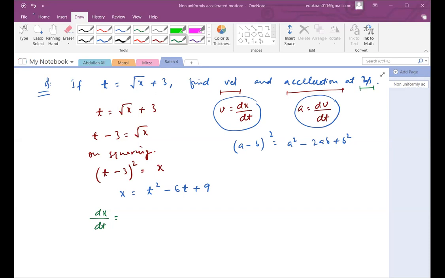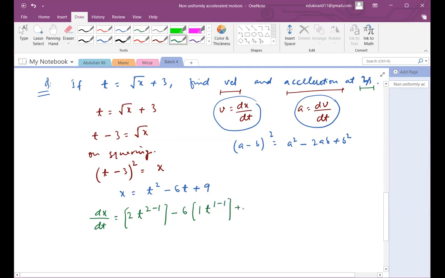Since in this part we have t raised to 2, on applying the rule of differentiation, it will be n x to the power n minus 1. For this part, minus 6 is the coefficient, so take it outside, t raised to 1, so on differentiating, it will be 1 t raised to 1 minus 1, and 9 is a constant term, so its differentiation would be 0.